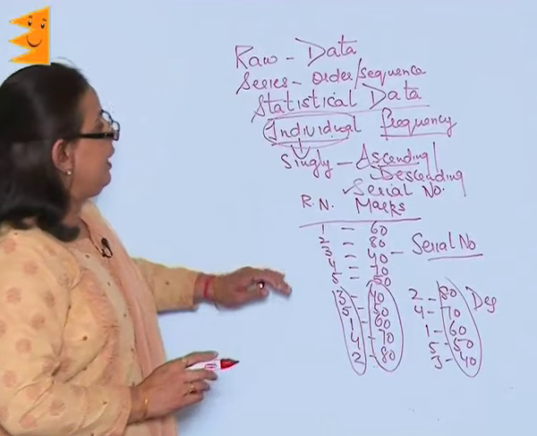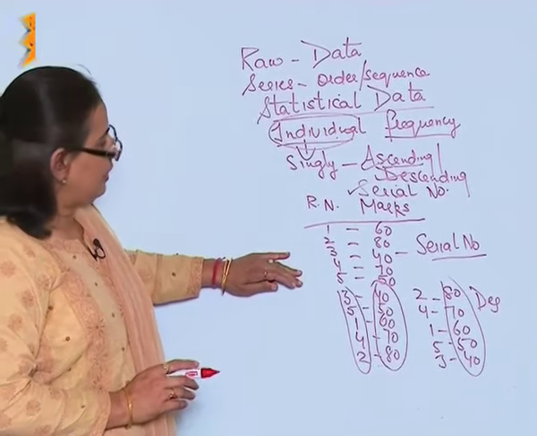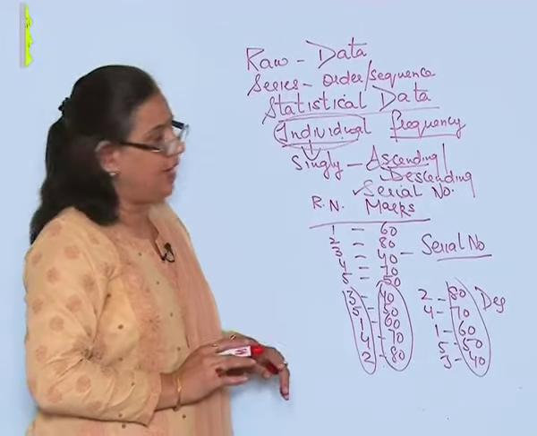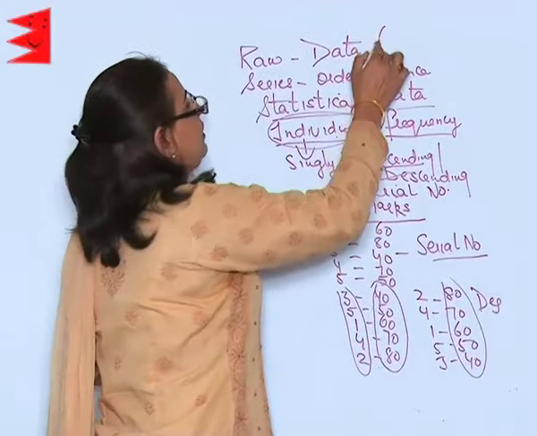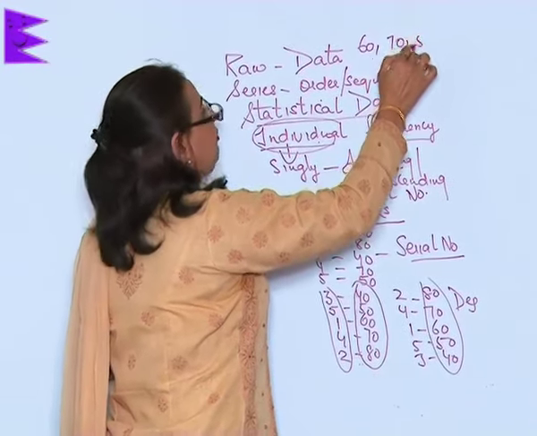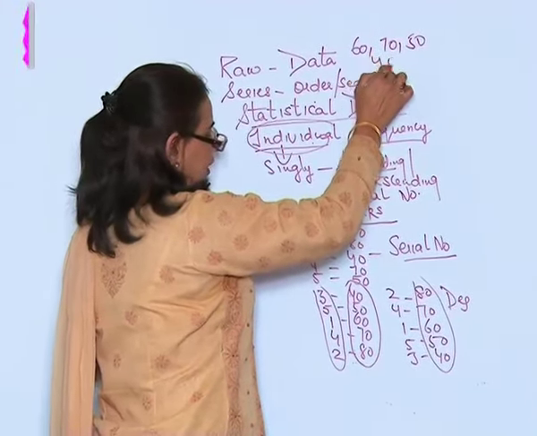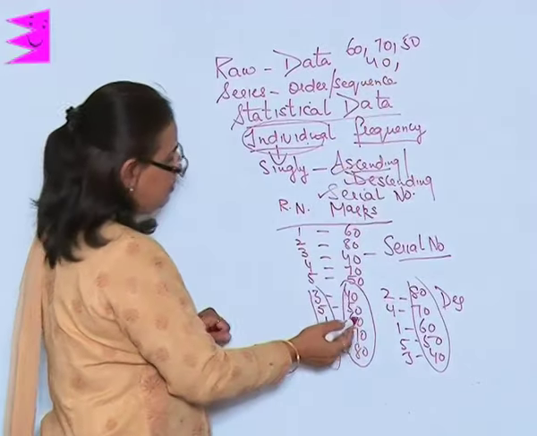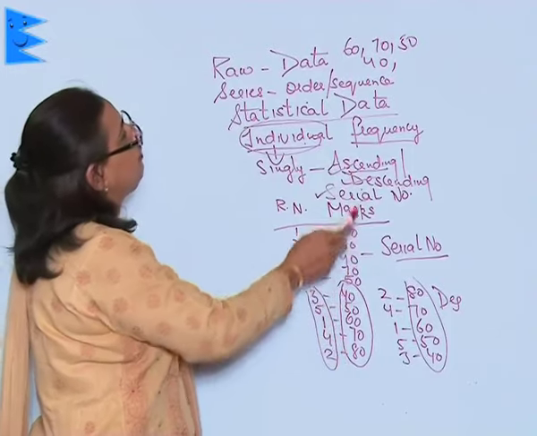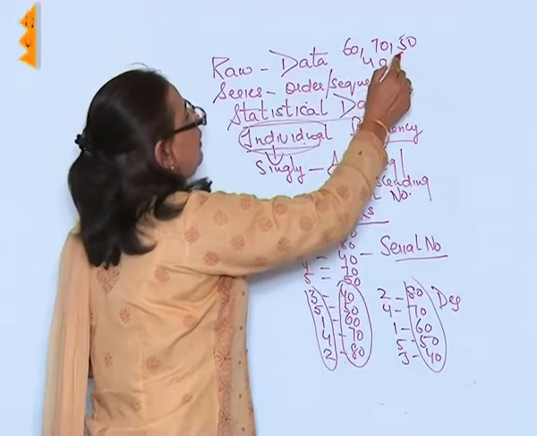Now, you see how easy it has become. Supposing I were to just put it in raw form, I would be saying 60, 70, 80, 50, 40, okay.